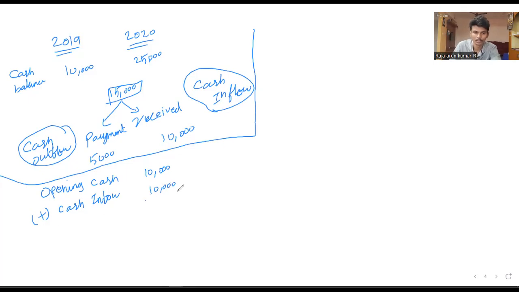Then total 20,000 minus cash outflow is, we can take 5,000.